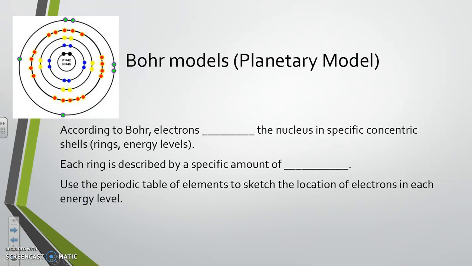All right, the Bohr model was the first model that came up of an atom, well, it wasn't the very first one. First there was the billiard ball model, which said that it was just an atom, and you couldn't break it down. And then after that came the plum pudding model, which was J.J. Thomson, and he said that there was a bunch of negatives thrown into a positive mess.